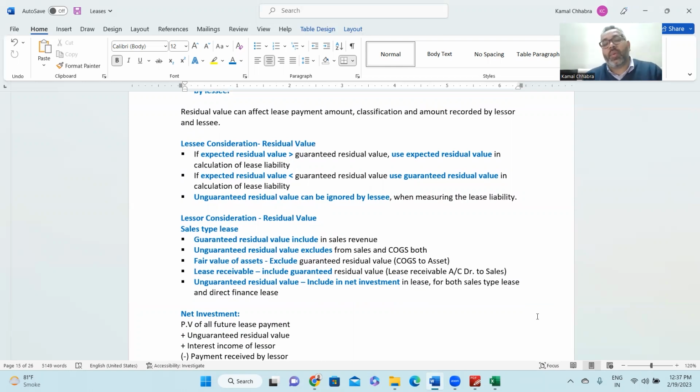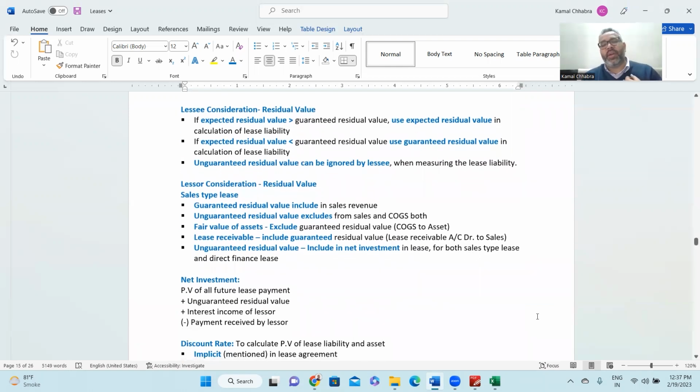So on the lessee side, what consideration should the lessee give for the residual value, and how do they calculate the residual value for the calculation of lease liability or right to use asset? First is if expected residual value is greater than the guaranteed residual value.